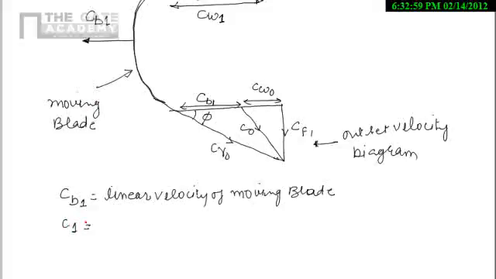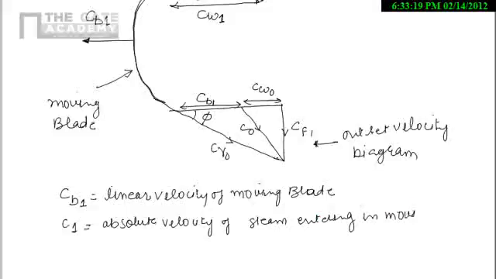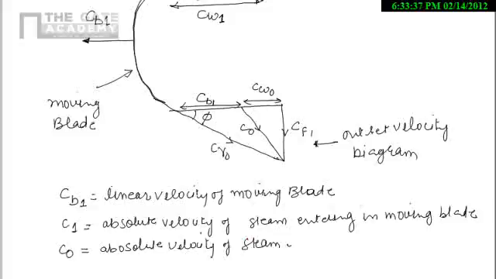Now we are having C1, that is absolute velocity of steam entering into moving blade. Similarly, we are having C naught, that is absolute velocity of steam leaving moving blade.